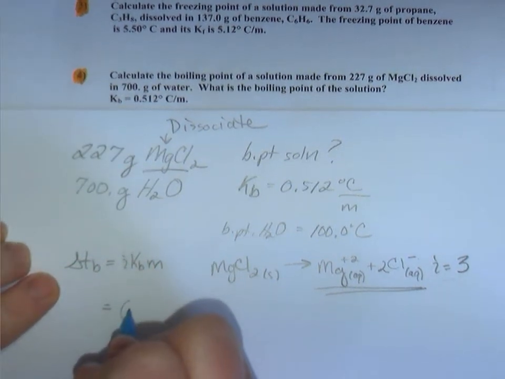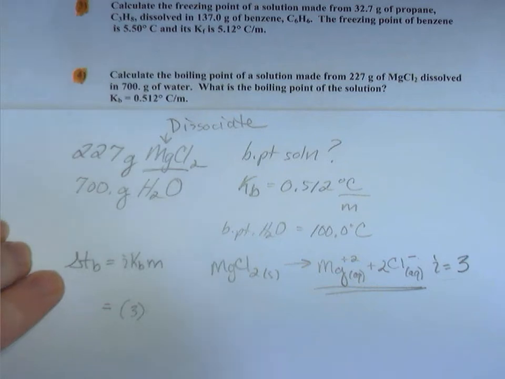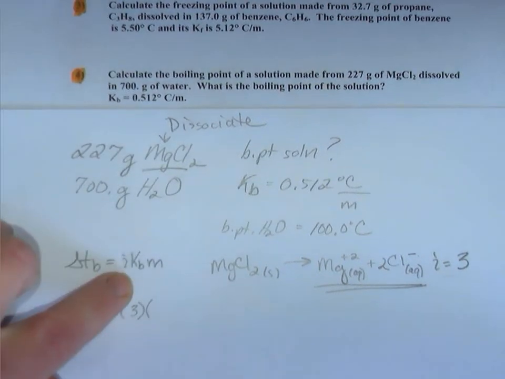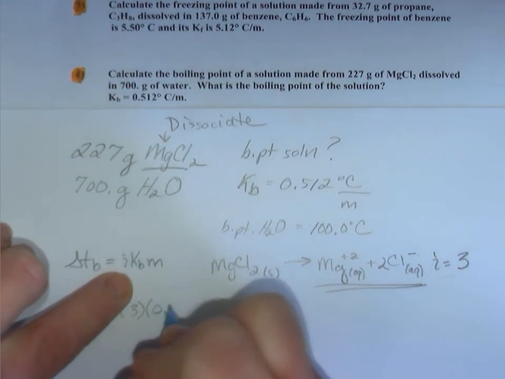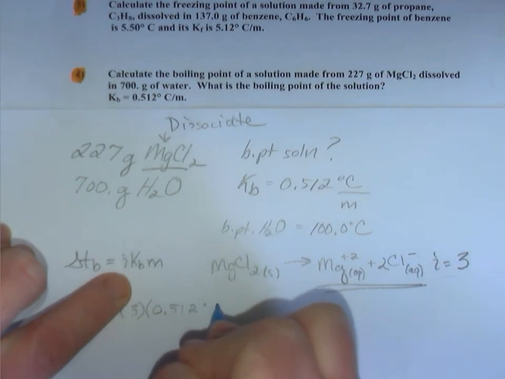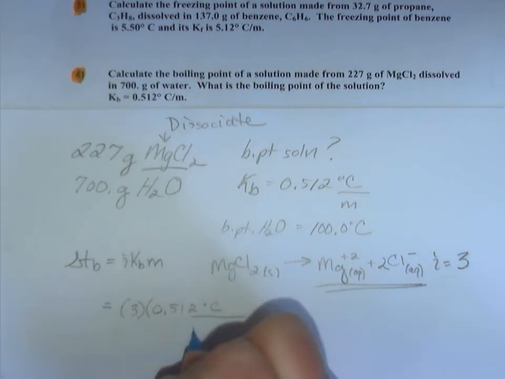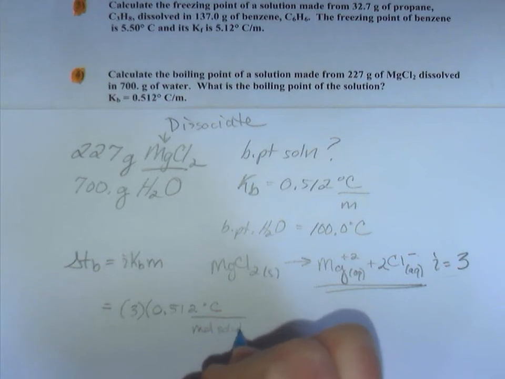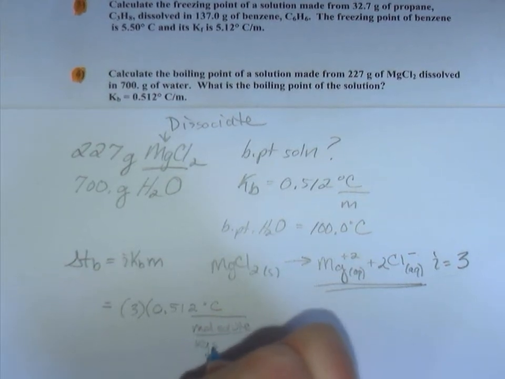So I have 3 ions. The Kb value for water, 0.512 degrees Celsius per mole of solute per kilogram of solvent, or per molality.